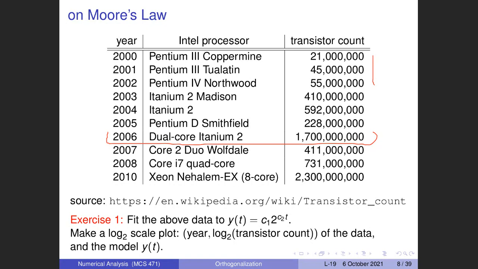So the first thing that you do with this data is that you take the 2 logarithm of these data, and I think that these numbers are naturally rounded. It might have been that they are actually powers of 2 or not, I don't know. I just copied over the data. But the point is, can you see that the slope still corresponds to Moore's law?